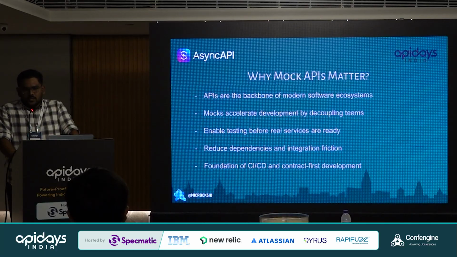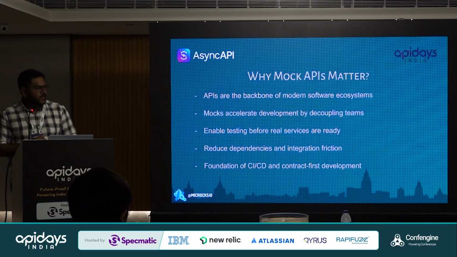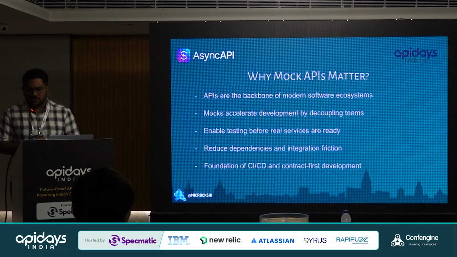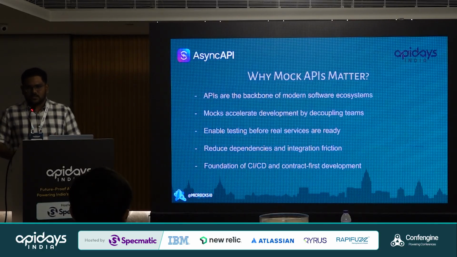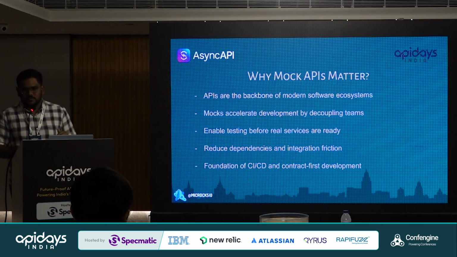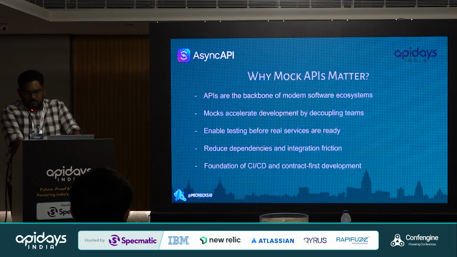The contract is the single source of truth, and based on your contracts you can generate the mocks. You can simulate real-time APIs based on your contracts, so your front-end team and back-end team can work individually, and at the end combine their APIs and request-response flows. That is the main approach for mocking APIs.